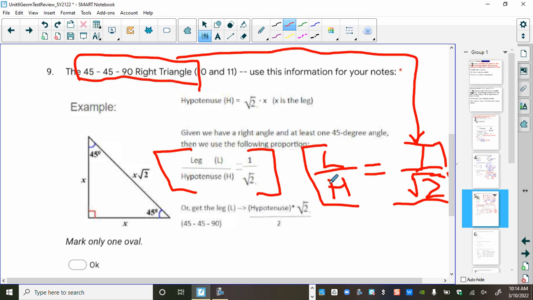Because I want you to write exactly what I have. L over H equals 1 over square root of 2. But I want you to write it at the top of the next page, so that we don't have to flip back and forth. Andy, same thing. I need everybody to do that, Joshua.